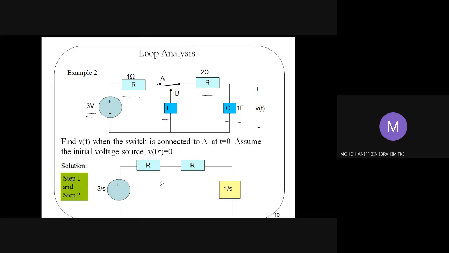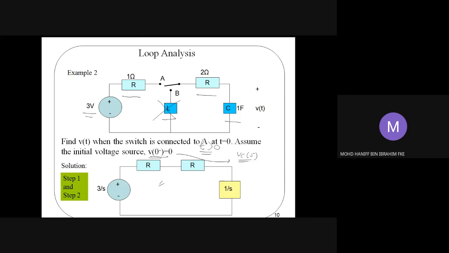So from t equal to 0 onwards, we're going to have this component which consists of 2 resistors and 1 capacitor. So we can ignore this inductor for the case of t bigger than 0. We assume that the initial voltage V0 negative equals 0. This initial voltage is related to the capacitor's zero voltage, the capacitor's initial voltage Vc(0 negative).